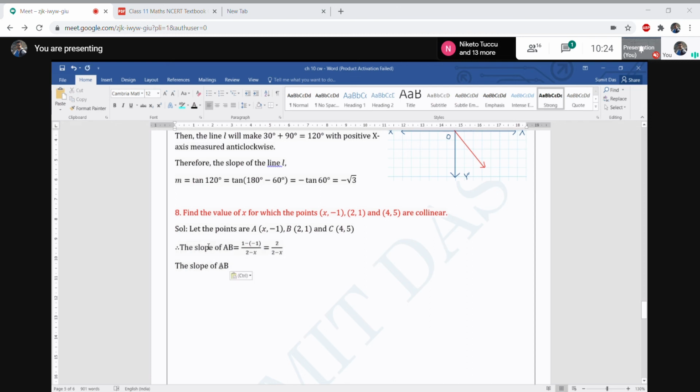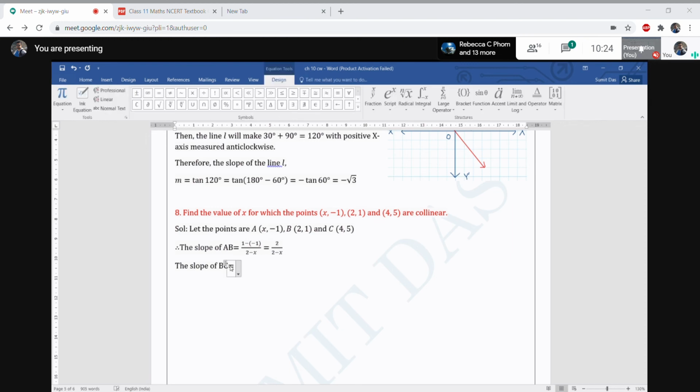Then the slope of BC will be equal to 5 minus 1, y2 minus y1, divided by 4 minus 2, which is equal to 4 by 2. 5 minus 1 is 4, yeah, 4 by 2 equal to 2.